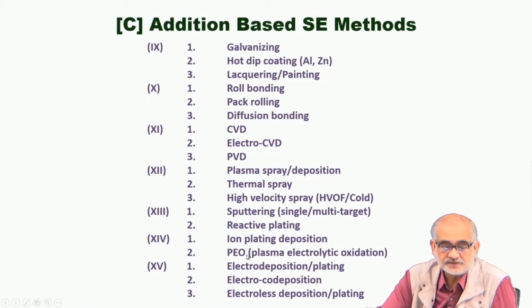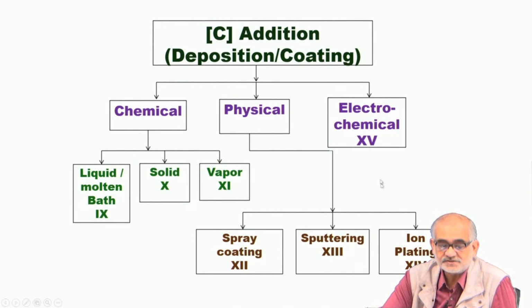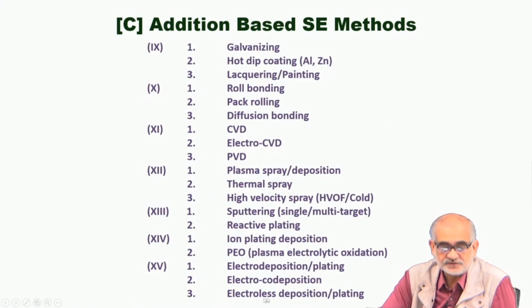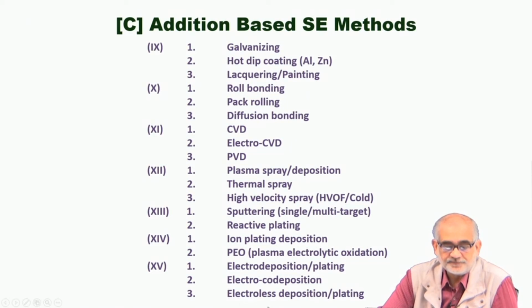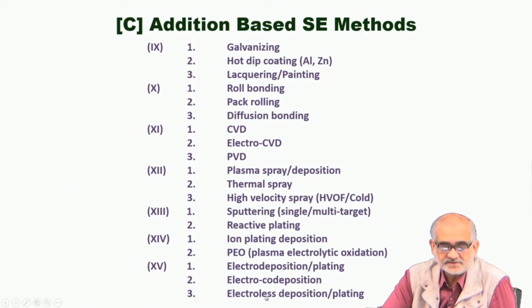Finally, we can also think of electrochemical processes where we are depositing or plating the material. We can do electro-co-deposition, where we deposit multiple cations onto the same surface, having different anodes but a single cathode. We can also coat materials by way of electroless deposition or electroless plating processes.